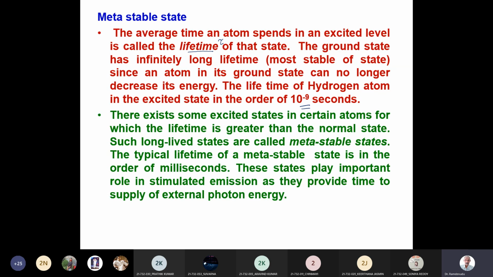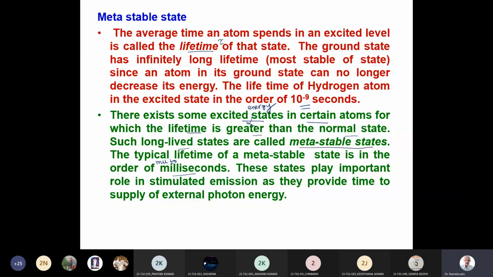Now, in some substances or some atomic systems, there are excited energy states, only in certain atoms or certain substances, for which the lifetime is greater than the normal lifetime. Such long-lived states we call metastable states. And metastable states are in the order of micro to milliseconds.